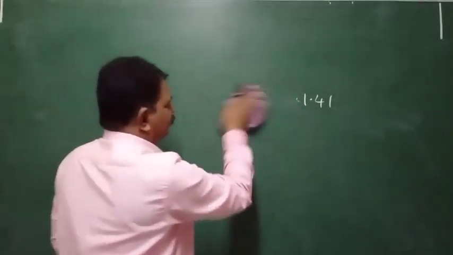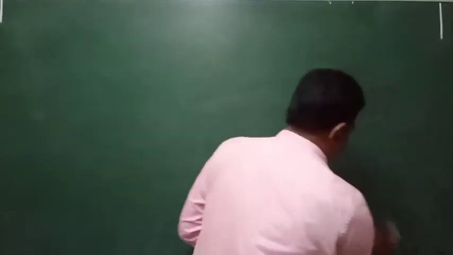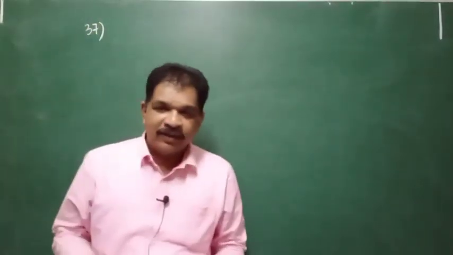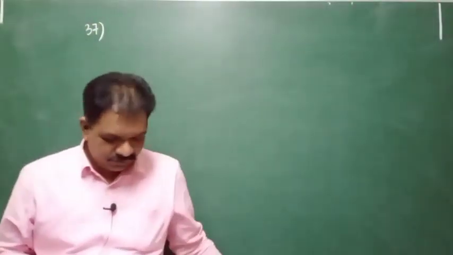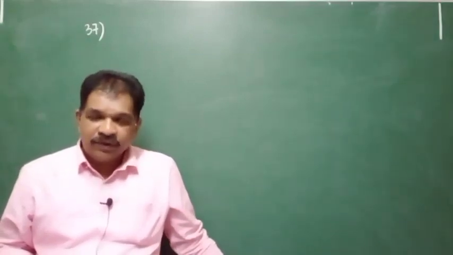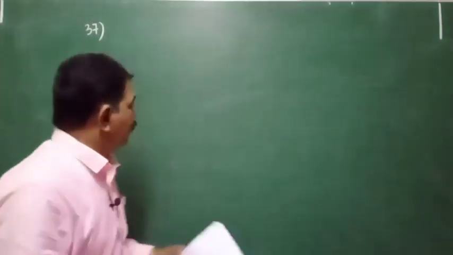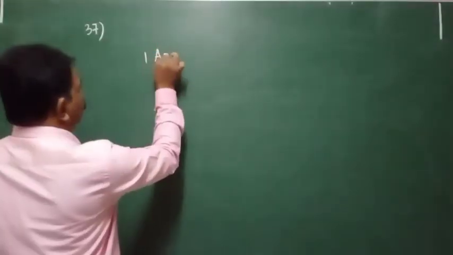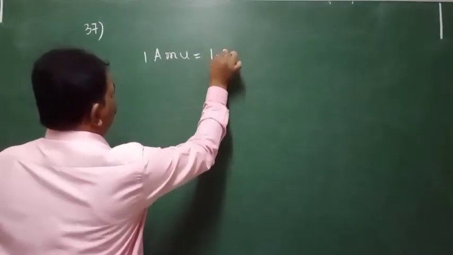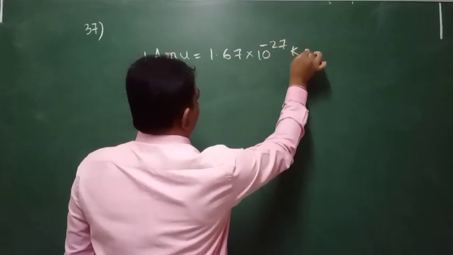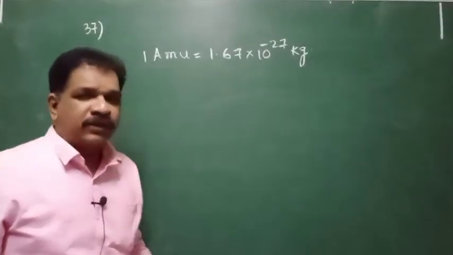Next. What are they asking, see. 1 AMU is equal to how much? 1 atomic mass unit. 1 AMU is equal to 1.67 into 10 power minus 27 kg.